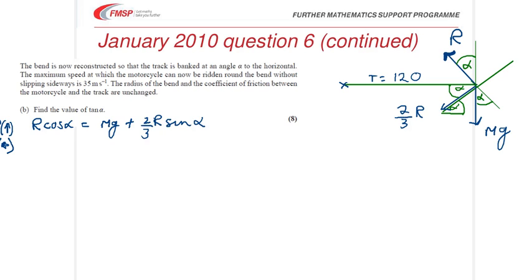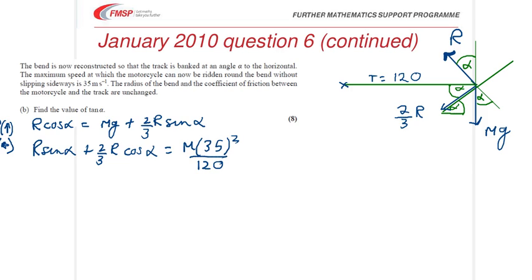Now we don't know alpha, we have to find the value of tan alpha. Horizontally, R sine alpha plus 2/3 of R cos alpha. Those are the two components of forces towards the center. That's equal to mv squared over r, which in this case is 35 squared over 120.